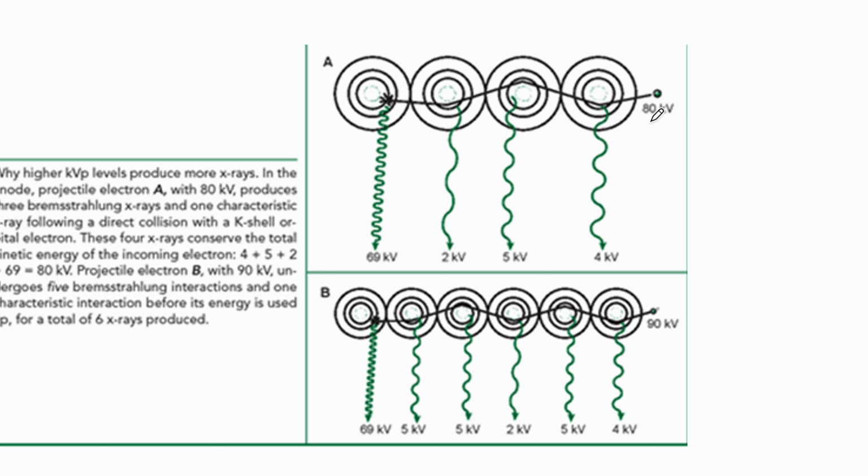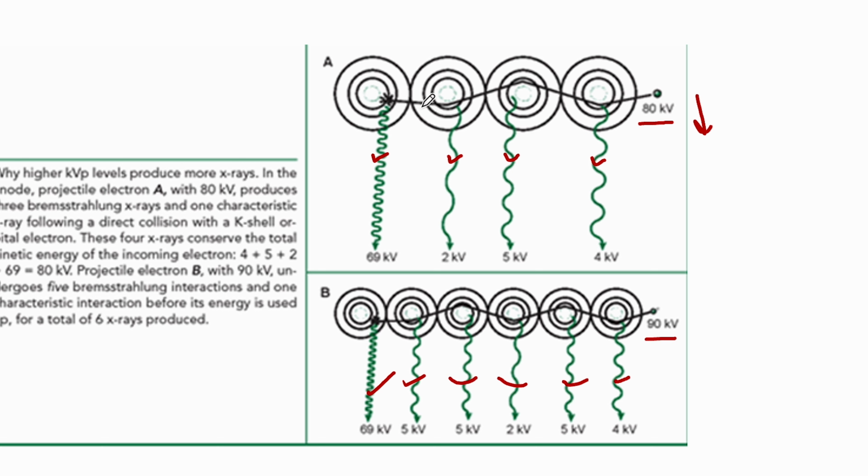So it has, say, 80 kV. This one has 90 kV. Because this one has more energy, it has more interactions, hence we get more photons. This one has lower energy, so we have fewer photons because there's less interaction.